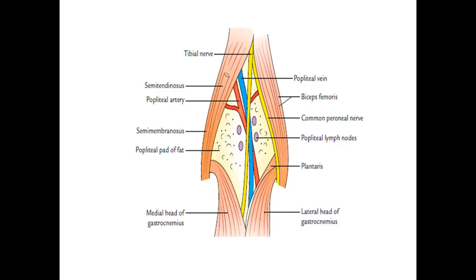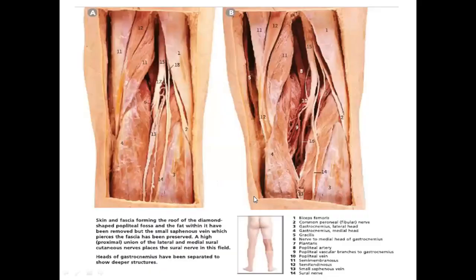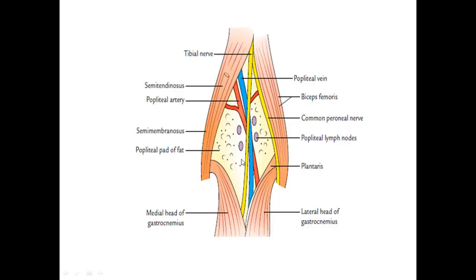Okay? So as you can see here, in the upper part of the fossa, from the lateral to medial side, the relationship will be, we will have the nerve, then we'll have the vein, and then we'll have the artery. Okay, so this is NVA. And then in the middle part of the fossa, from superficial to deep, we'll have the nerve, the vein, then the artery, and lower down, from the lateral to medial side, we'll have the artery, the vein, and the nerve.